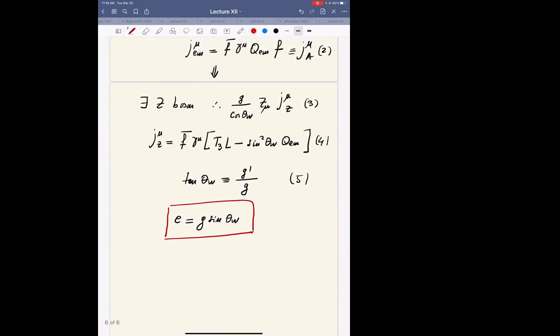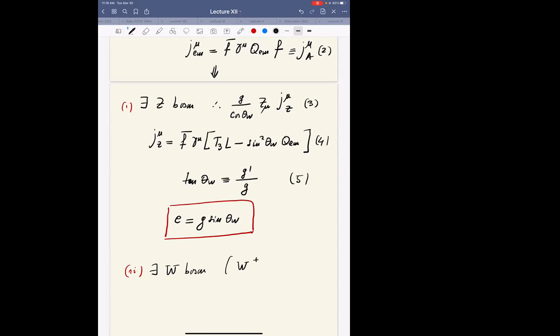There is a Z boson. There is also a W boson. Do not forget it. Actually, there are two of them.